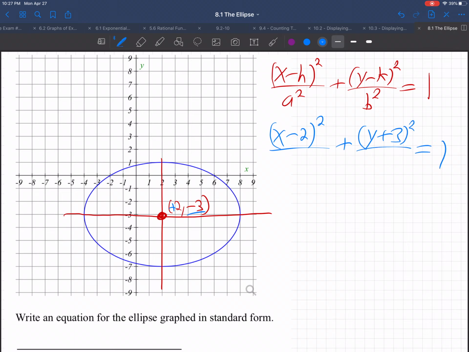It's always opposite. And we've seen that before, haven't we? When something's in a parenthesis next to x or y, we always put the opposite sign. That's why it says minus h and minus k. That's what math and science formulas mean when they write something like x minus h.